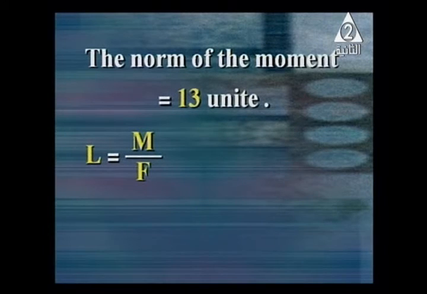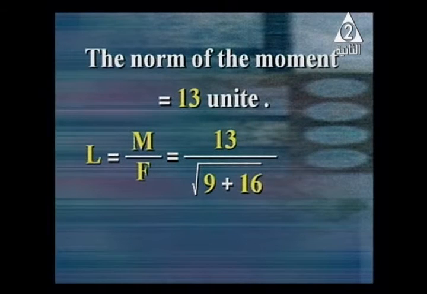What is the length of the perpendicular? This rule: L equals moment over F. L, the length of perpendicular, equals moment over force F, equals what? 13 over, what is the F?